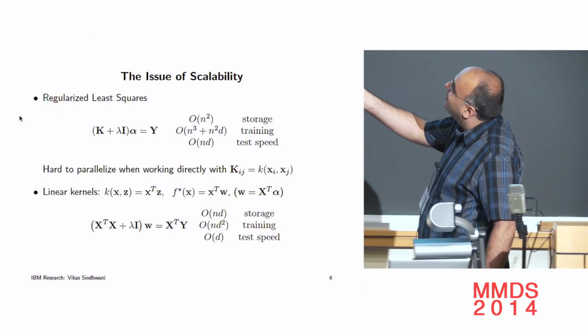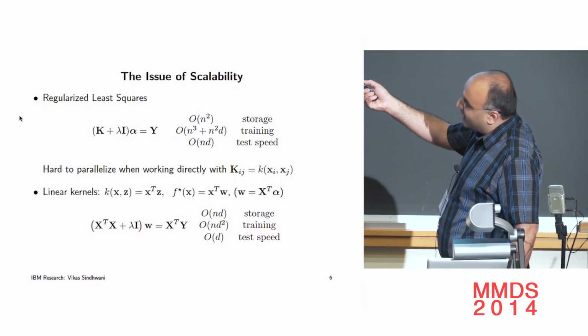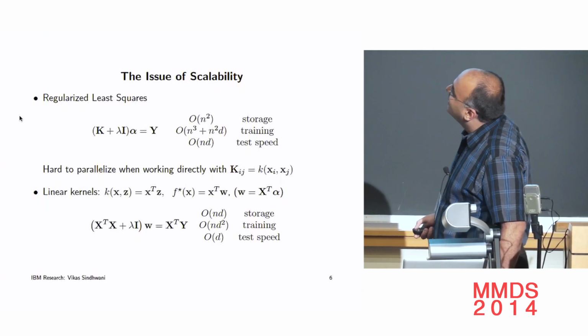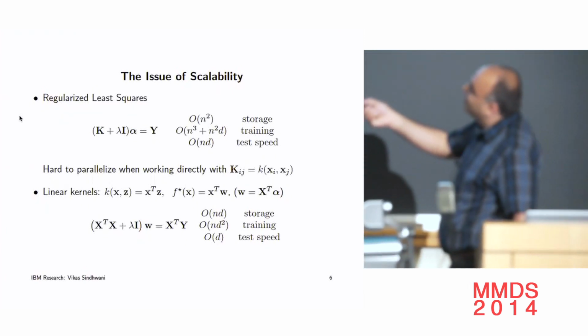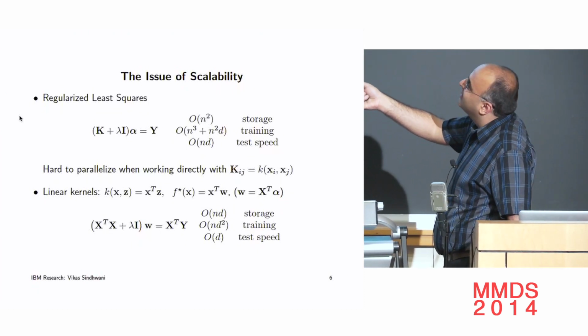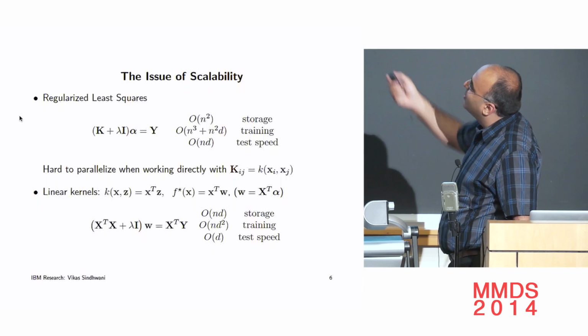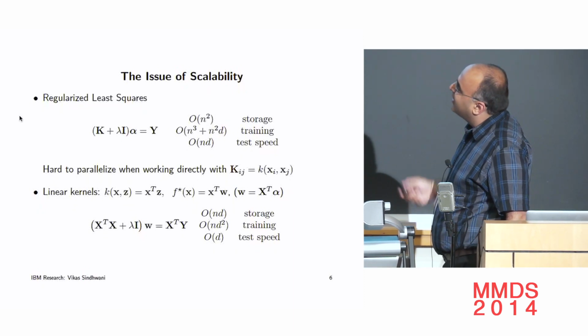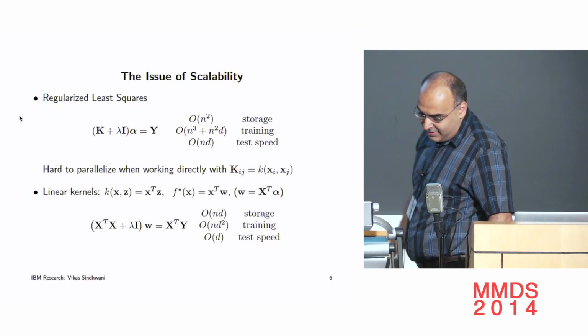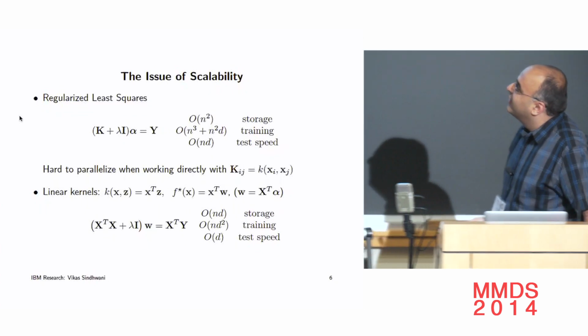While if you use the linear kernel, which is just k(x, z) is x transpose z, then we are back to the linear modeling setting, and now you see familiar linear least squares and things like that. So there things are much more scalable. On the other hand, we lose the generality of the full kernel method in the non-parametric modeling framework.